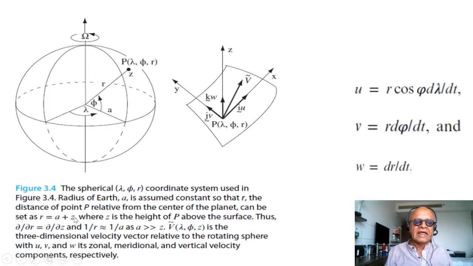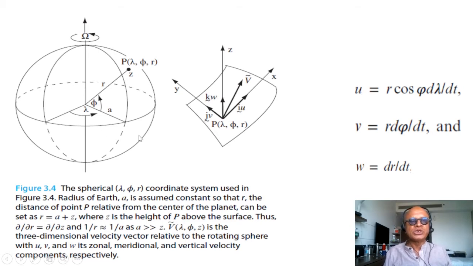So that allows us to make assumptions like 1 over r being approximately equal to 1 over a, because a is much greater than z, which means partial with respect to r can be written as partial with respect to z.